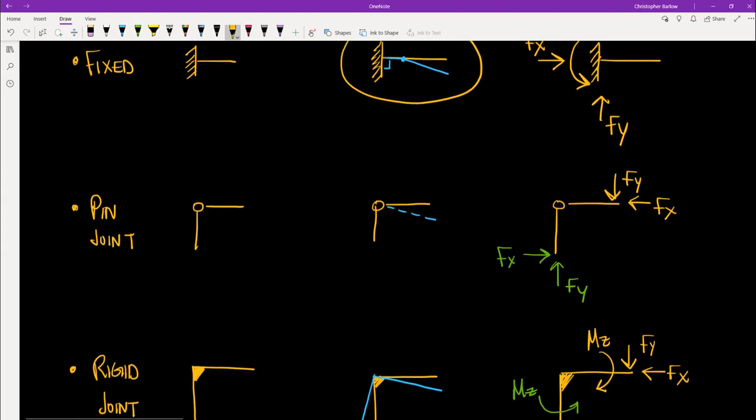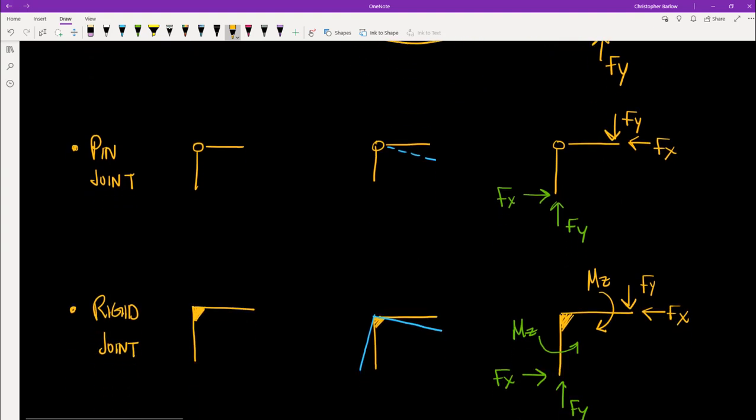We can also talk about these end conditions in terms of joints between two members. In the case of a pinned joint, if we were to load this horizontal member, it would be free to rotate about the joint. However, the vertical and the horizontal forces would translate through the joint and into the perpendicular member.